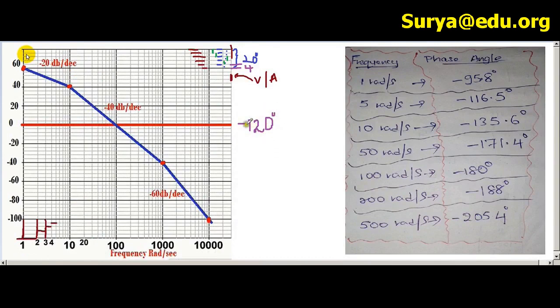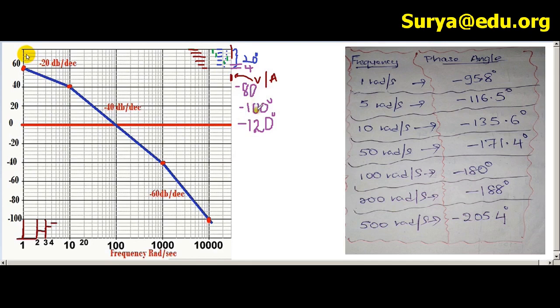So now here minus 120 degrees. And this division is minus 100. Minus 100, what are the decibels? Sorry, what are the units? It's degrees. So what is this? Minus 80. Okay, so very easy, it's not a big deal.